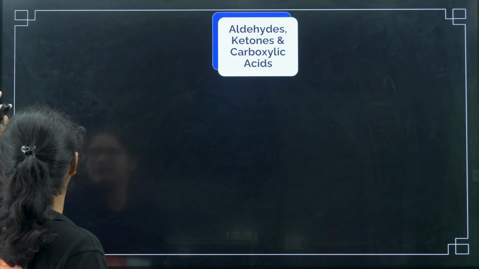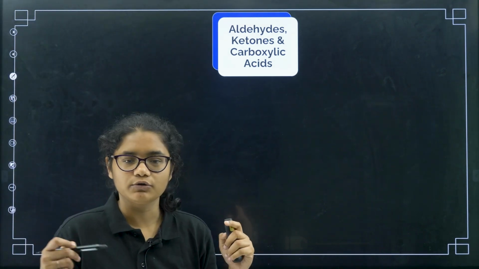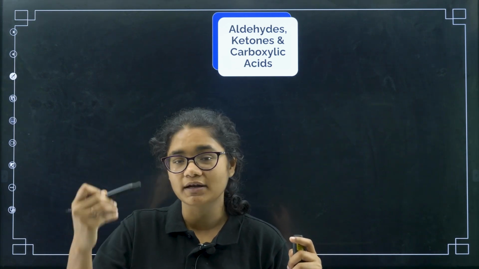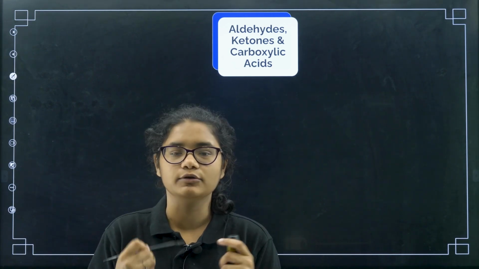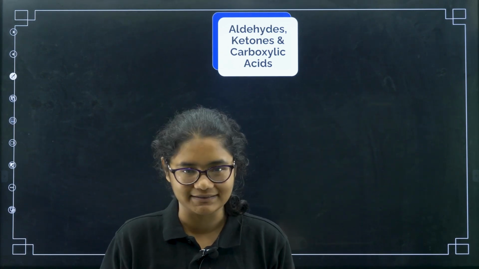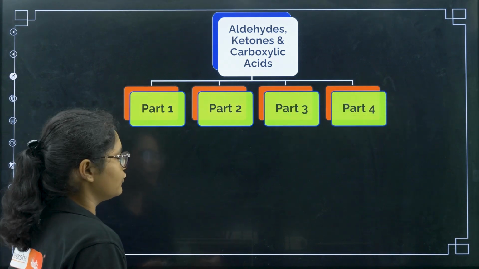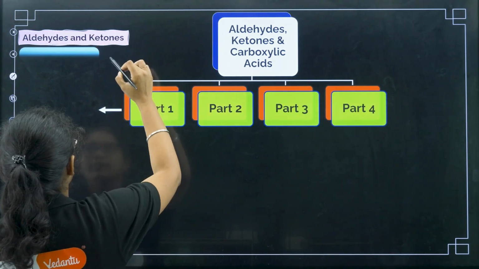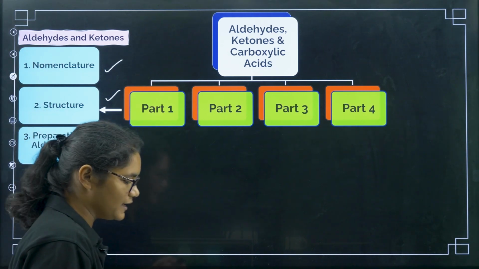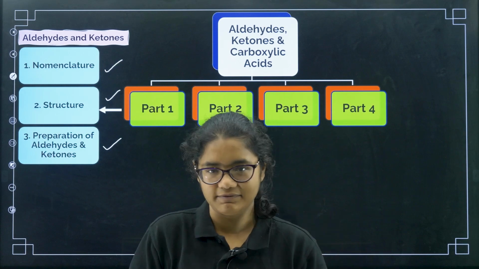As I tell you how we are going to cover this chapter, this is very important so that you should know in how many parts we have completed the chapter and what the different topics are, so that while revising and recalling, you can have this flow chart in your mind. In the first part we cover the nomenclature, structure and preparation of aldehydes and ketones, which we have already done in the previous lecture.